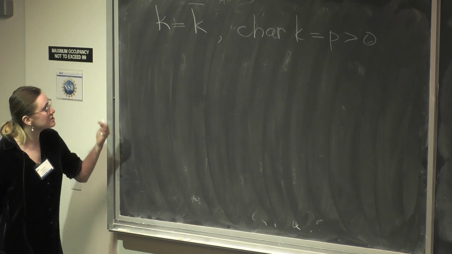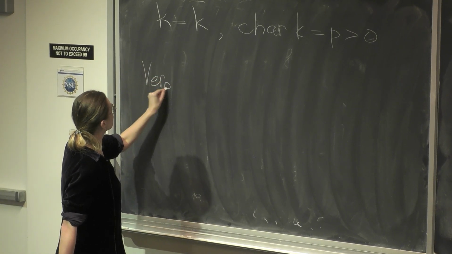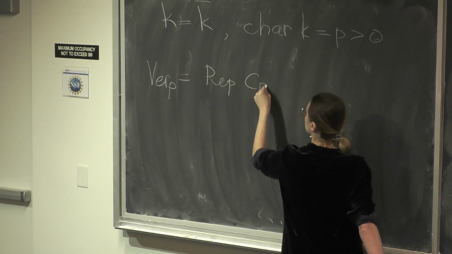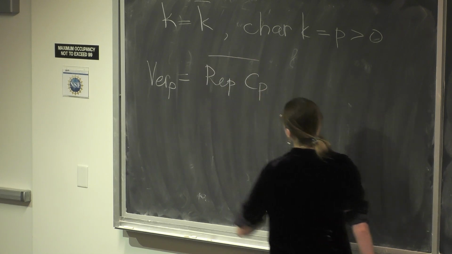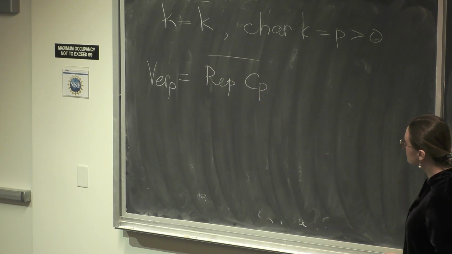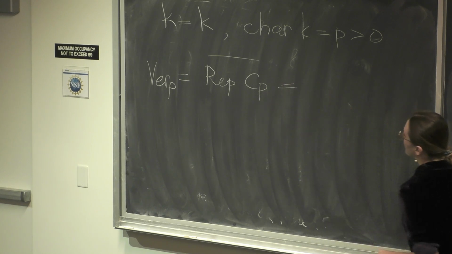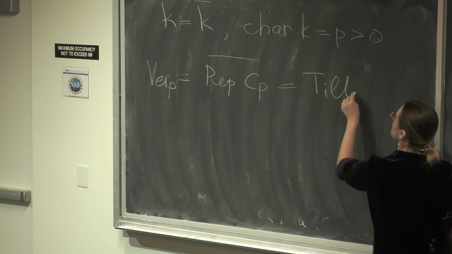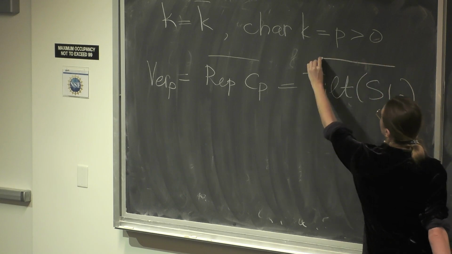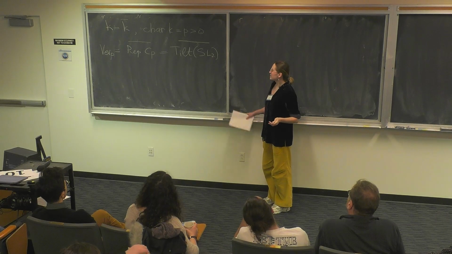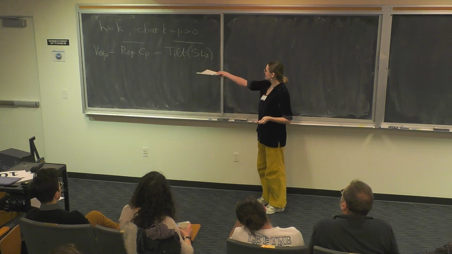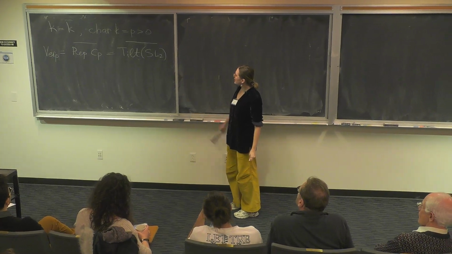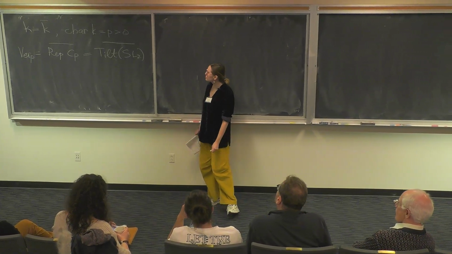And so Verlinde P will be the category, as before, the semi-simplification of representations of this cyclic group of order P. But another perspective on this is that I also want to think about this category as the semi-simplification of the category of tilting modules over SL2. I think Victor proved that it was the same. So you get the same category applying the semi-simplification construction to tilting modules over SL2.